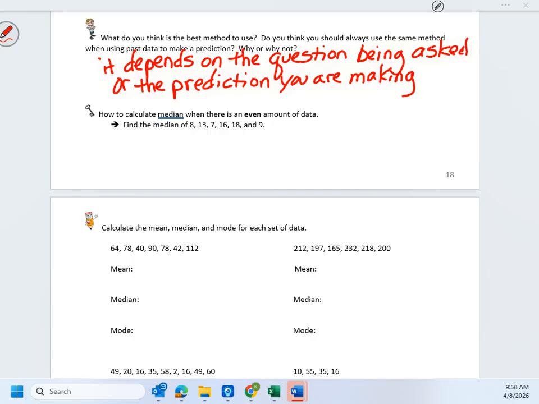Shantrea, what did you get for an answer? How did you get 11? Because I don't see 11 listed in there at all. Walk me through your steps. First step with the median is always put them in order. So tell me the order that you wrote, please. Okay, what was your second step?